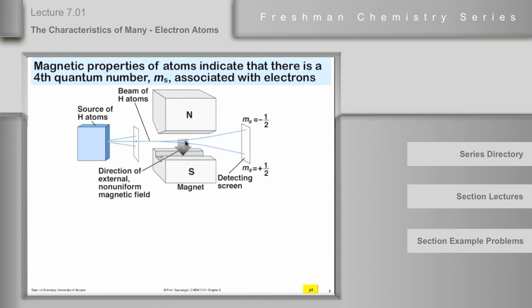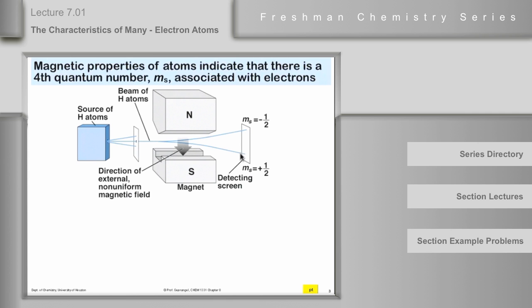And depending on which pole it is, it's either attracted to the south pole or attracted to the north pole. Quantum mechanics designates this by using the quantum number m sub s, the fourth quantum number, the spin quantum number. It can only have two values, plus 1/2 and minus 1/2. So it's real easy to deal with the fourth quantum number. That's not a problem.